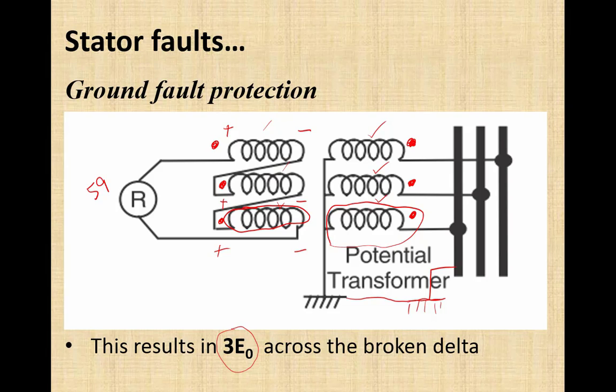If we have a third harmonic component in the voltage, that would appear across this relay 59 even in the normal condition. When you were performing this experiment in the lab, you had observed that when we remove all the capacitances that exist between line and ground, we get a voltage across this relay 59 overvoltage relay.